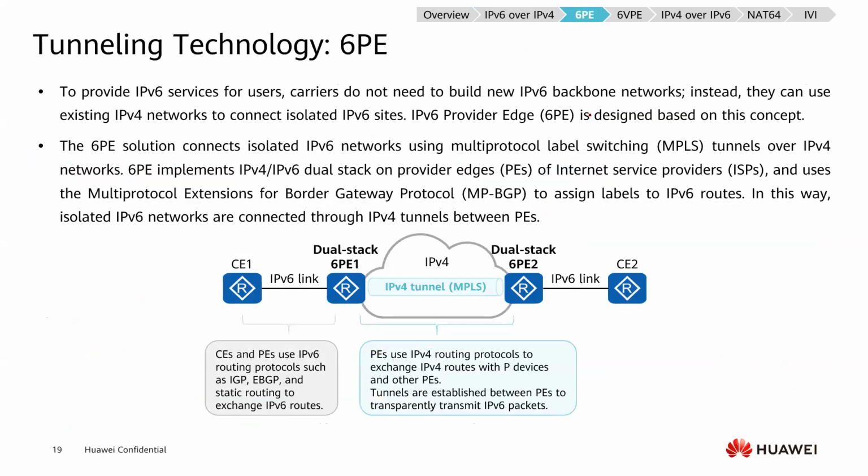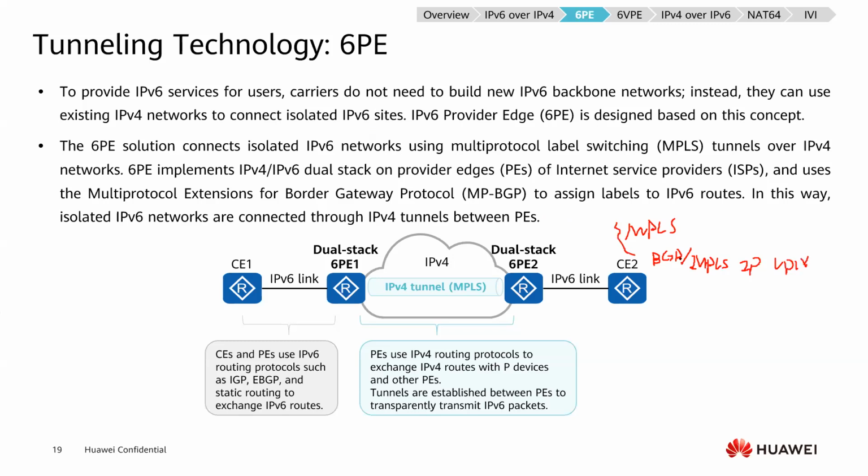And in the real situation, we use 6PE and 6VPE as the transition technology. And what is 6PE? As usual, for the IPv4 network, we will establish MPLS or BGP, MPLS IP VPN.